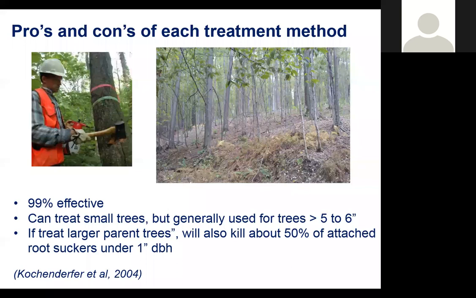But what's good about this particular treatment, particularly when you can effectively get that movement of the herbicide into the root system, is that there have been some studies looking at just treating the larger parent trees and the effect on those root suckers that are attached, and you can actually kill about maybe 50% of the attached root suckers under 1 inch using this method.